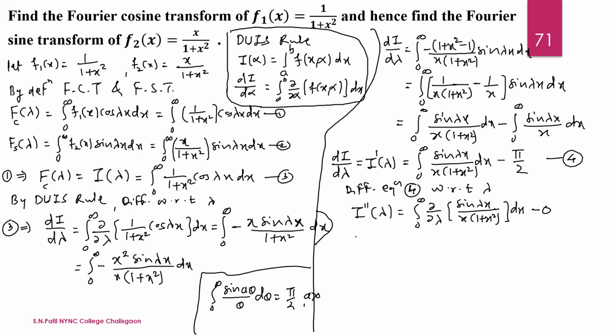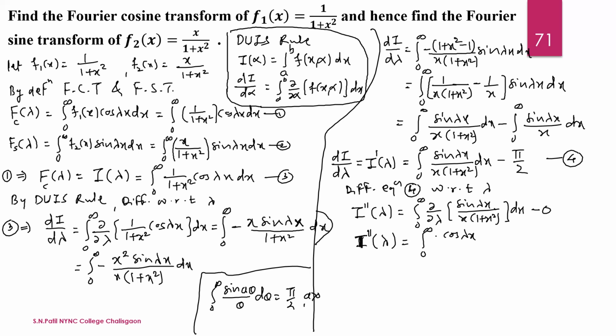That is the second order derivative, I double dash lambda, is equal to the integral from 0 to infinity. The partial derivative with respect to lambda, where 1 upon x times 1 plus x square is constant, only the derivative of sine is cos lambda x.